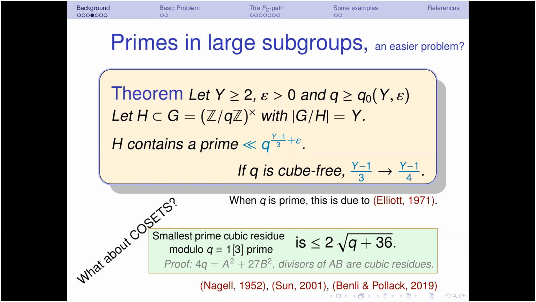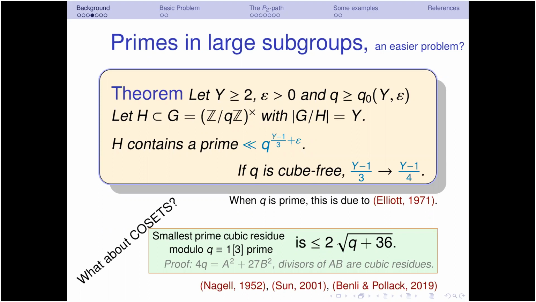And the next one we're going to be interested in is y equal to 8. And you see that for 8, you get an exponent 7/3, which is larger than 2. That's a very strange problem. You want to find a prime in something which should not be difficult, a subgroup of index 8 in (Z/QZ)*. There are lots of elements in this subgroup.